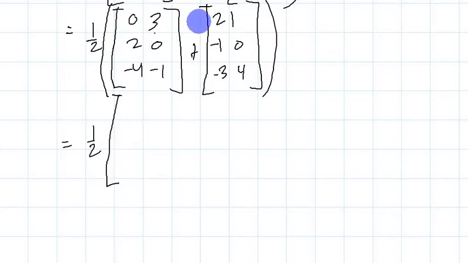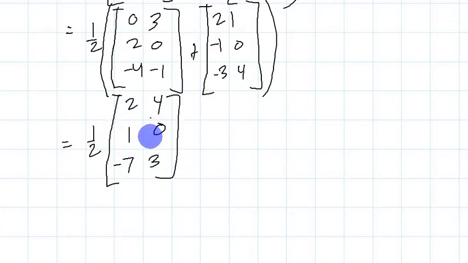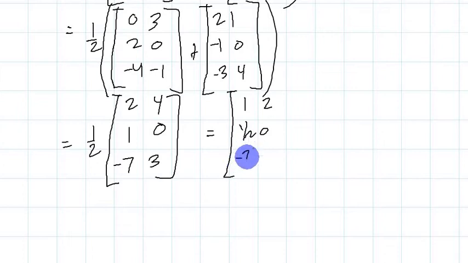multiplied by, if we're going to add all of these, then we're going to have 2, 4, 1, 0, negative 7, and 3. So multiplying 1/2 to the matrix will result in the matrix 1, 2, 1/2, 0, negative 7/2, and 3/2.